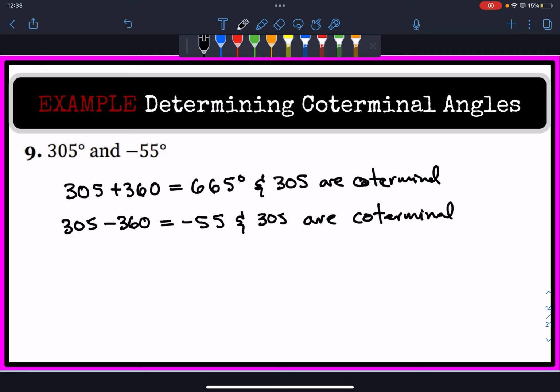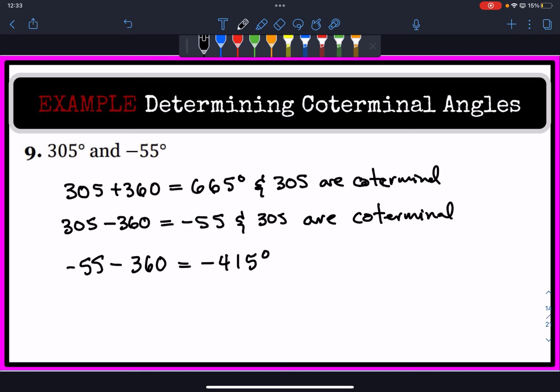So for the coterminal angles, again, I could continue doing this. I could subtract another 360 or add another 360 to this right here and find another coterminal angle. And the same thing here, subtract another 360 and find another negative coterminal angle. Now to find the coterminal angles to negative 55, again, I have two options. I can find another negative one by subtracting another 360, and that's going to give us a total of negative 415 degrees.